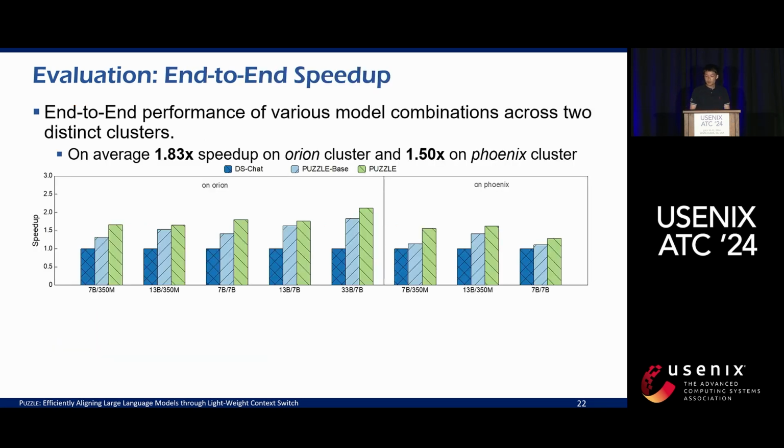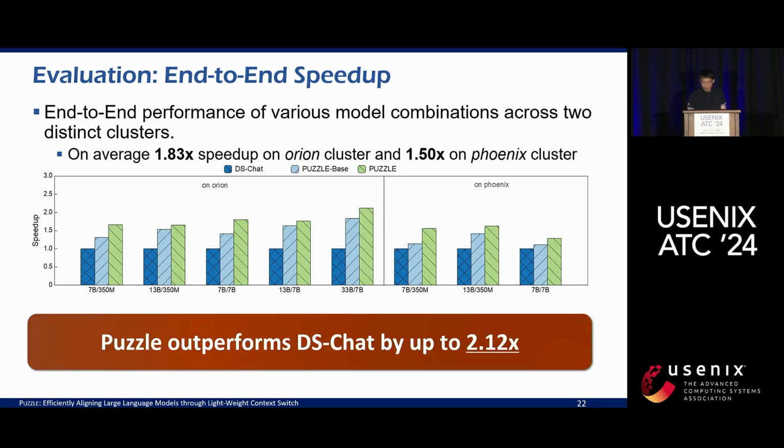For the end-to-end speed-up, Puzzle consistently outperforms the baselines across various PPO configurations and clusters. It's able to achieve up to 2.1 times speed-up. And on average, Puzzle brings 1.8 times speed-up on the PCIe clusters and 1.5 times on the NVLink cluster.